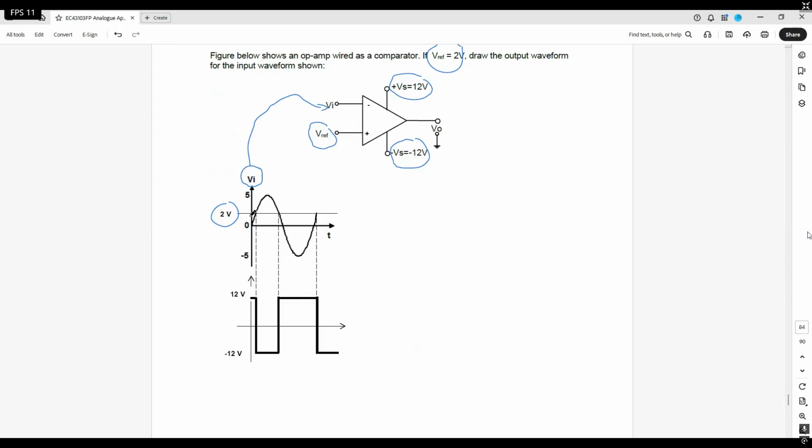When it's below the reference, it's going down. The moment it goes up here, above the reference, it starts to go up. Negative voltage. Remember the condition?